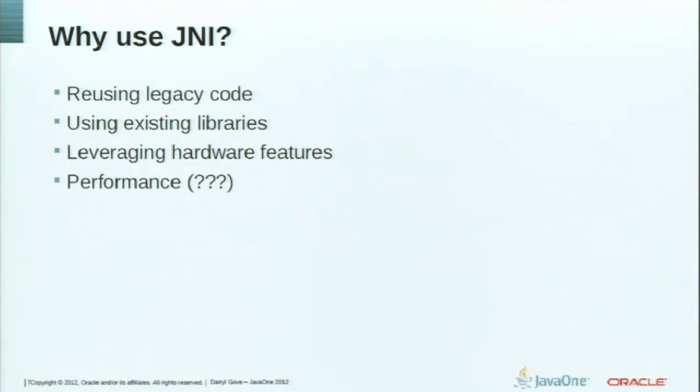So this often comes in from reusing legacy code, like you've already got a library or an application that does what you want, and you don't want to change the code because you know that it works, it's been validated, or you don't have the resources to change the code, even though you'd like to. There's also leveraging hardware features.